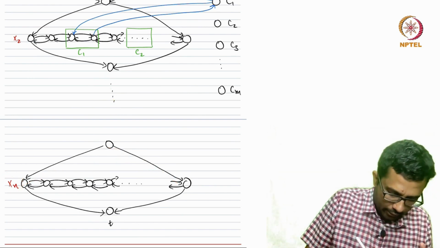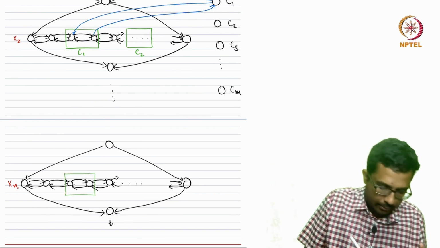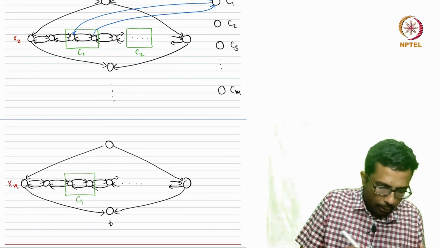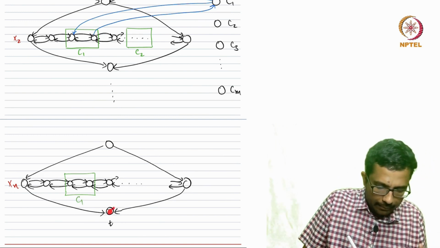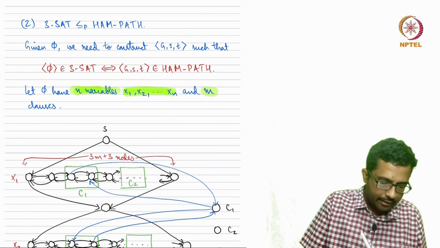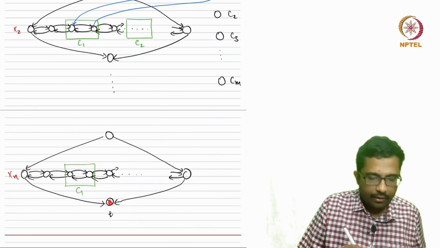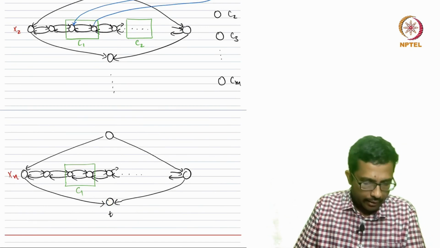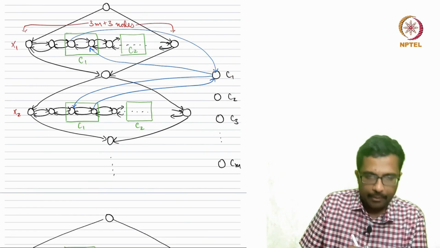Maybe I can just draw them. This corresponds to C1, and so on. And the bottom vertex of the nth diamond is t. So the top vertex of the first diamond is s, and the bottom vertex of the nth diamond is t. And this is not all. There are some more vertices that are going to come in a bit.